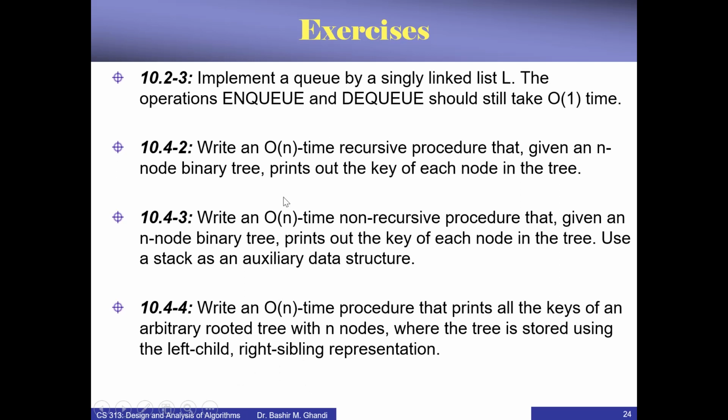You have already seen the procedure to traverse a binary tree. We did it recursively, but you can also do it iteratively if you explicitly make use of a stack. But this one we didn't see because we didn't learn about this unbounded representation of a tree. So it will be interesting for you to actually write this procedure.